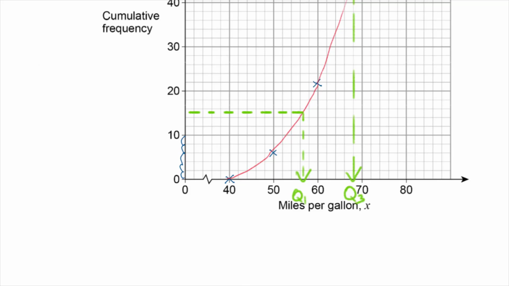So I make Q1 equal to, what's that, 57? It's between 56 and 57. I'm going to go for 57, and then the Q3 value looks to be 68.